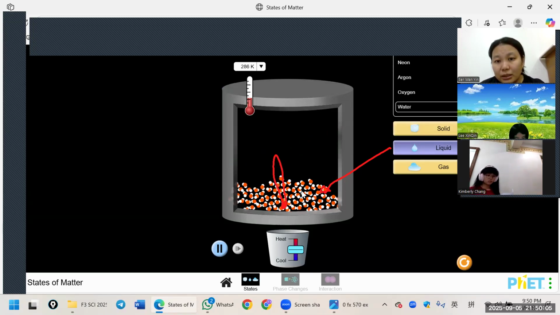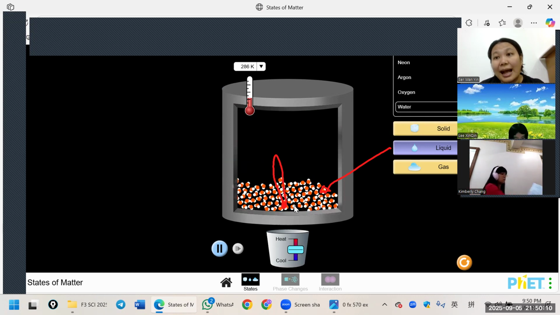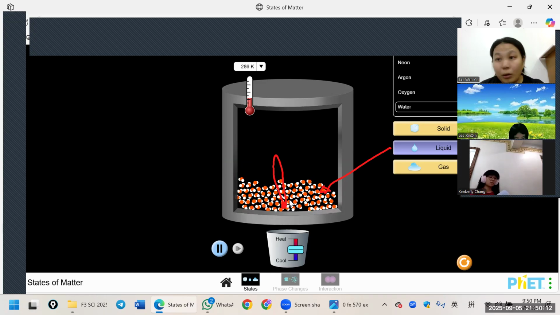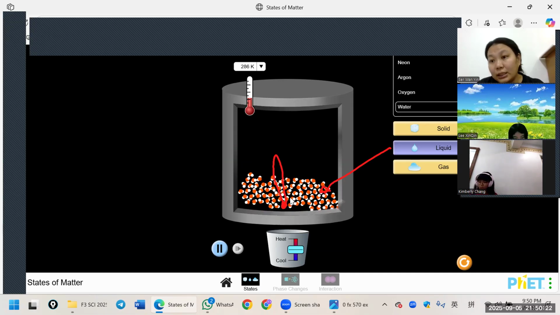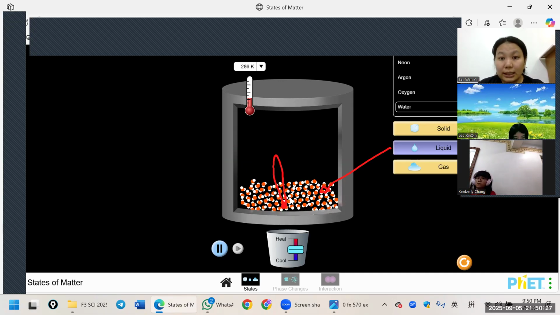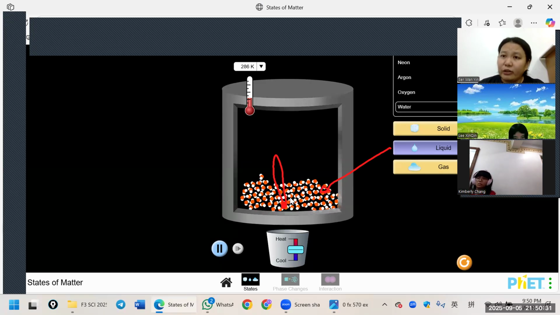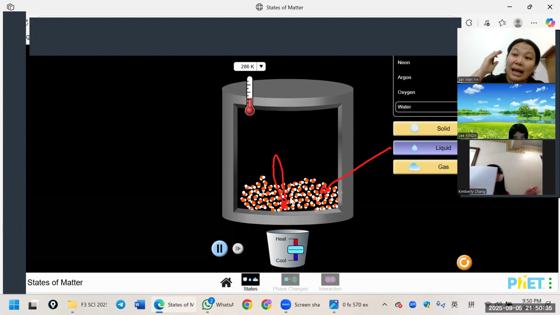I put the thermometer in water, but it is still outside, not part of the water. Can? Can. So the thermometer is always outside. Memorize this, from Form 4. When we learn this again, many people feel confused because they don't understand that the thermometer is outside.